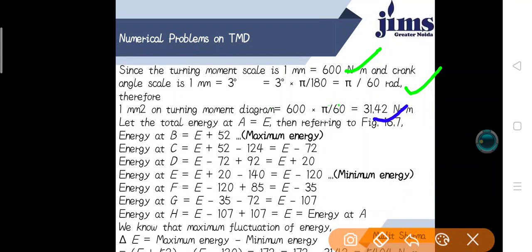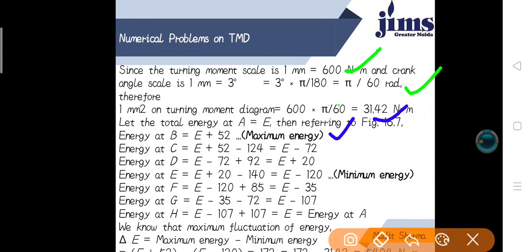We already discussed in the previous video lecture how to determine the maximum fluctuation of energy with the help of the turning moment diagram. So we calculate the value at each and every point. At point A the energy equals E, at point B it is equal to this one.